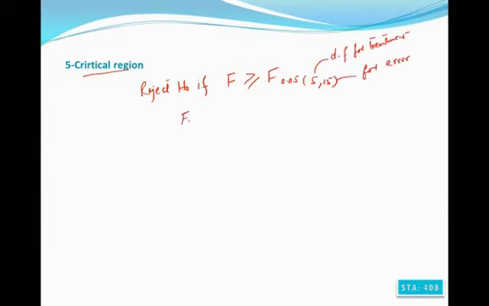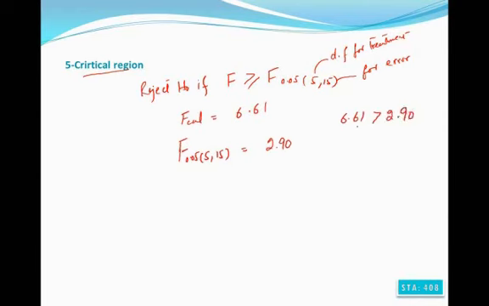Your calculated F is 6.61 and your tabulated value F 0.05, 5, 15 is 2.90. You can see here that the calculated value is greater than the tabulated value, so we will reject the null hypothesis.